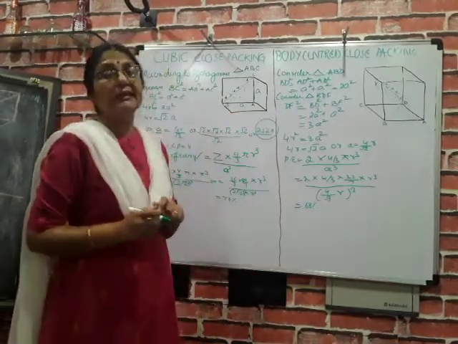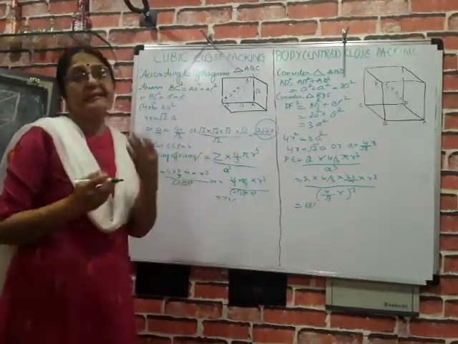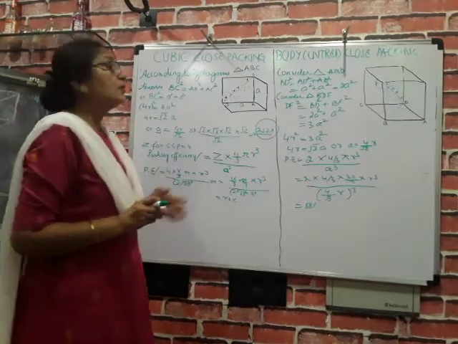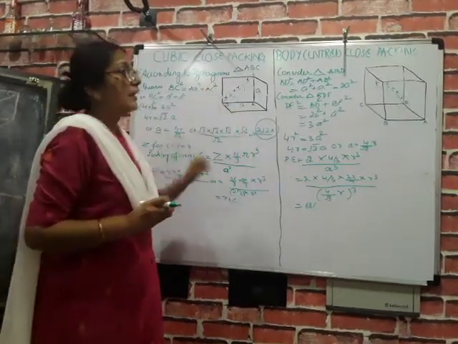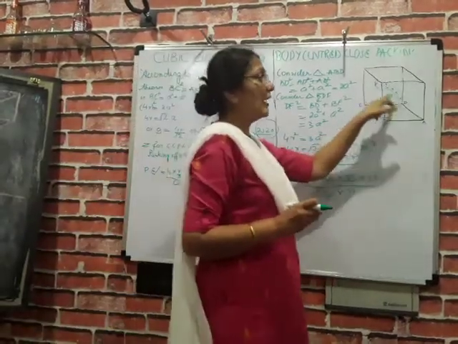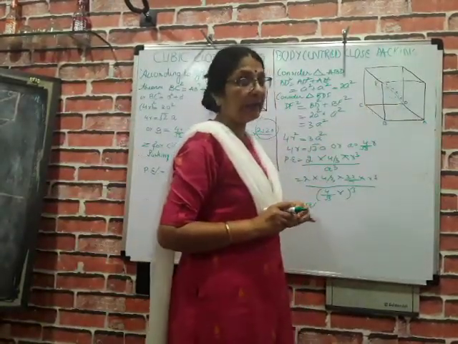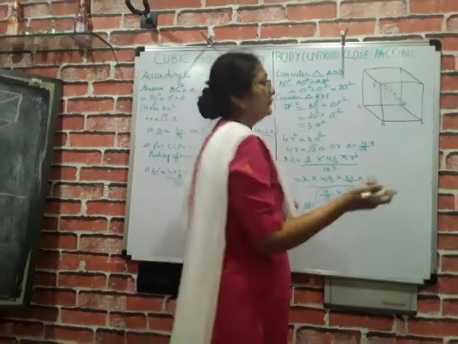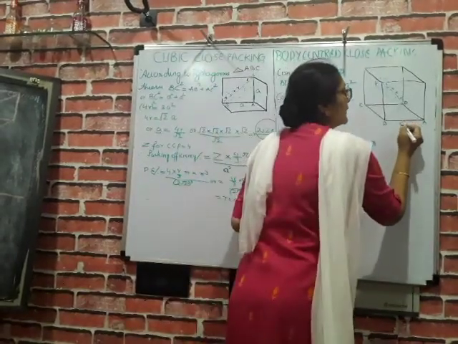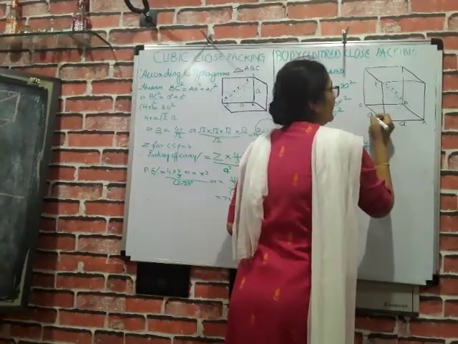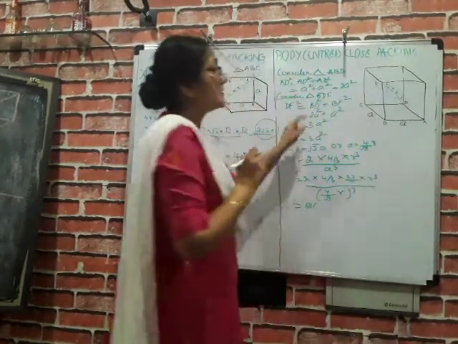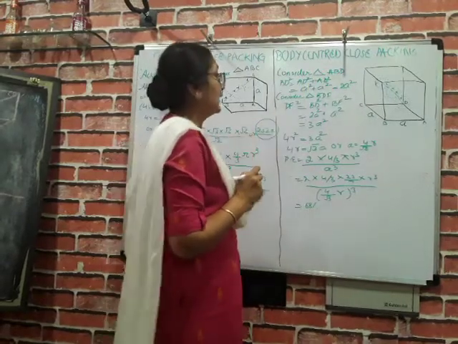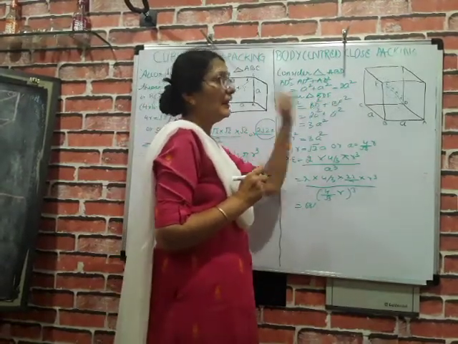Similarly here, we can assume any face diagonal, but for more clarity, I have taken a front view. Here I have taken F and D as my body diagonal and these are edge lengths A. Now consider two triangles, first triangle ABD and then triangle BDF.